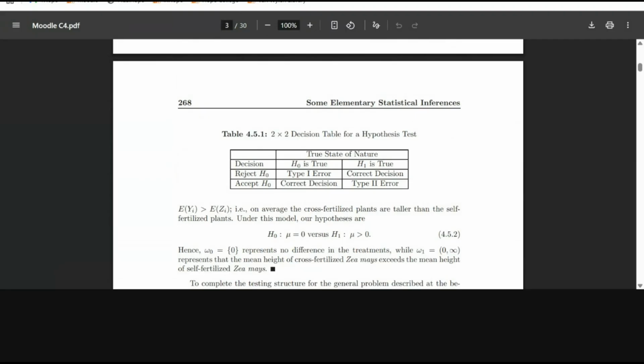I accept the null based on, that's an informed decision. It's not a random decision. I accept the null based on my data, because that's all I have. My data is pointing me to accept the null. But unfortunately, the true state of nature is no. Actually, the alternative was true, so I made another kind of error that's called type 2.